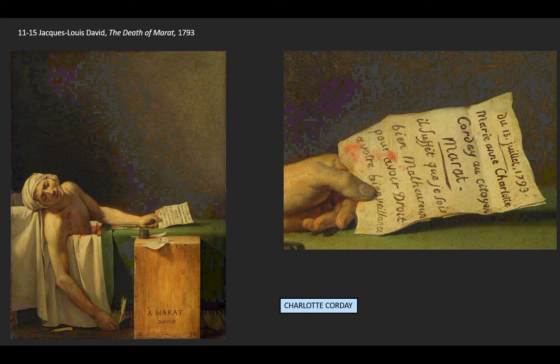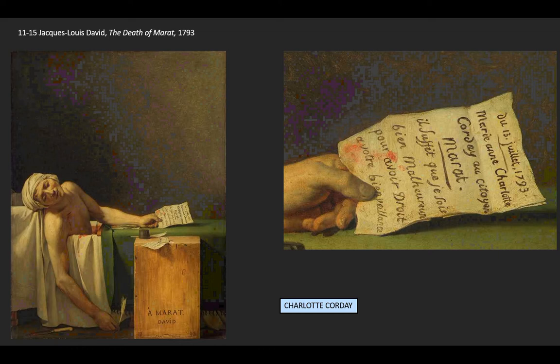So she is there. Now, what David wants to do is not only to show that the revolutionaries had also suffered and died as part of the cause, implicating the murderer here with the bloody fingerprints on the letter, but also, and this is typical for neoclassicism, to amplify the degree of his sacrifice for the good of mankind.